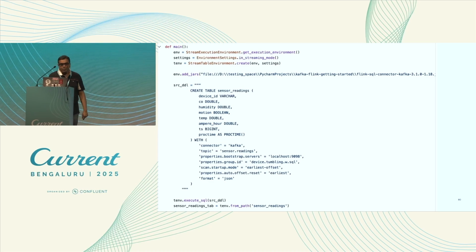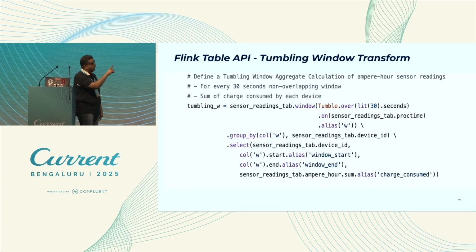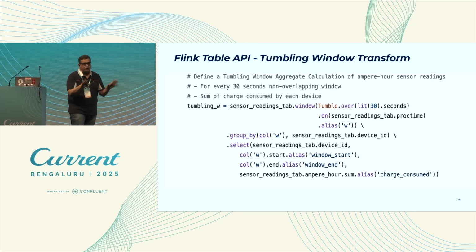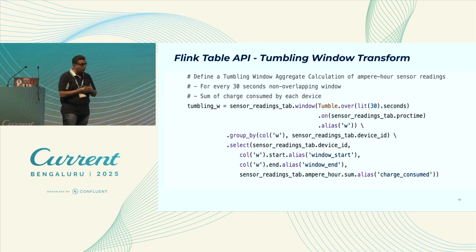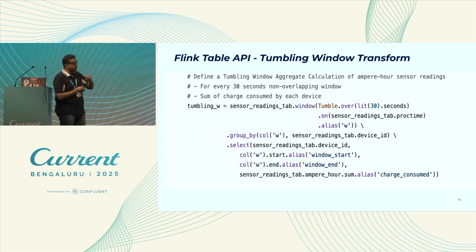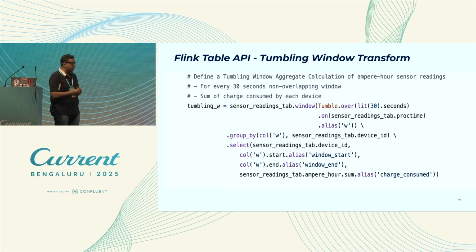Now, the beauty behind it is that I could use something like this, which is a Pythonic table API DSL, which lets you create the relational operation, the window TVF, the table valued function, which will let you do the group by. So here I do a tumble for 30 seconds on the processing time of the sensor readings topic or Flink dynamic table. As I told you, both are the same. It's a stream table duality.